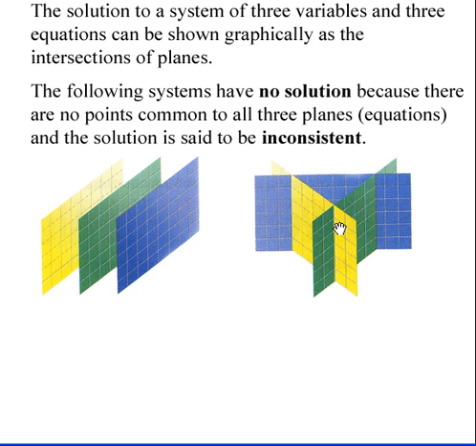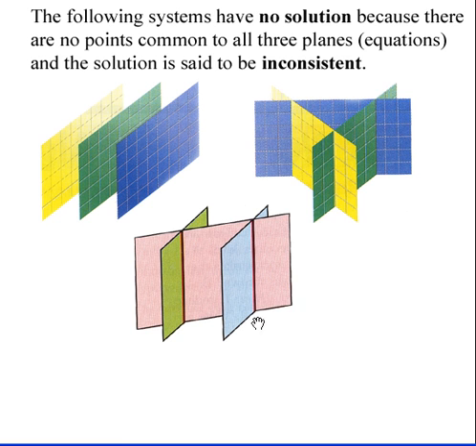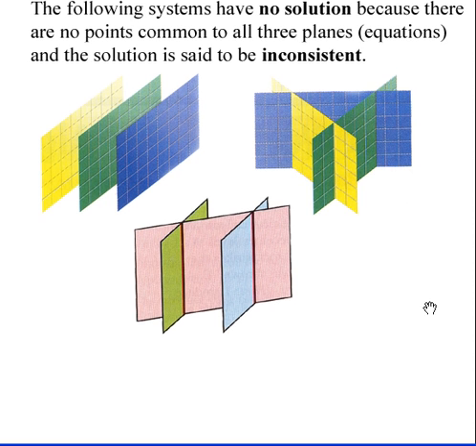The green and the yellow plane intersect. The green and the blue plane intersect, but there is still not one point on all three planes. And then here's another possible situation. Two of the planes are parallel, and then they are cut by a plane as a transversal. So since there is no one point on all three planes, all three of those scenarios are a situation where we say there is no solution, and it is inconsistent.